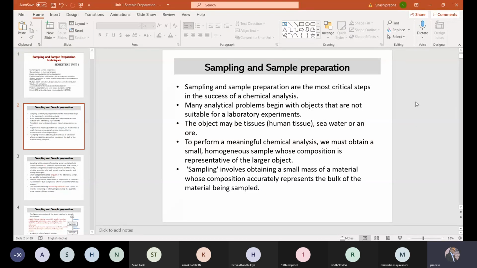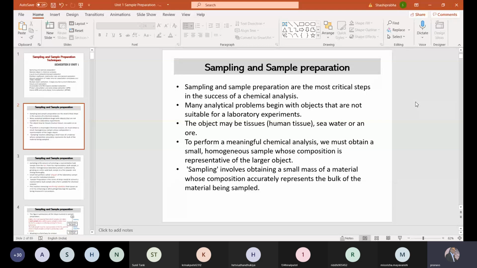And when we look at liquids, they are less heterogeneous, and gases are inherently homogeneous in nature. So depending upon the nature or the form of the real sample, we need to have a proper sampling methodology.